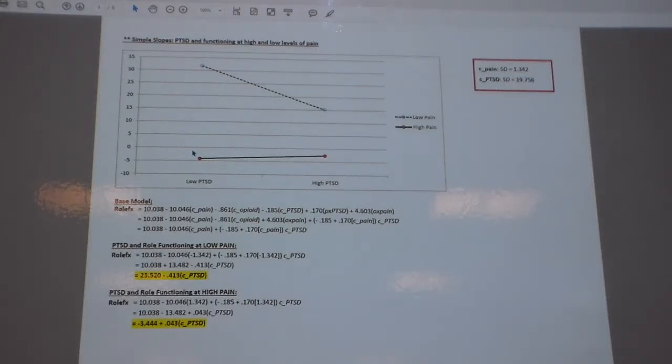Drop that in here, and this is going to give me two points that I can create my simple slopes from. Same thing if I take my high pain equation: low PTSD is negative 19.75, drop that in here, gives me that point. High PTSD, 19.756, drop that here, I get this point.